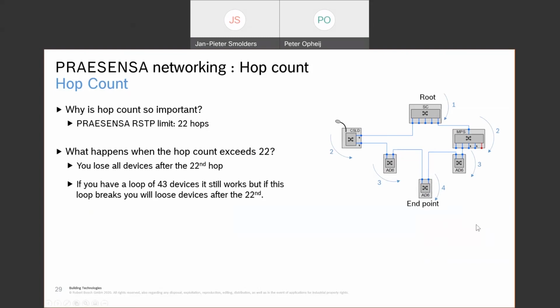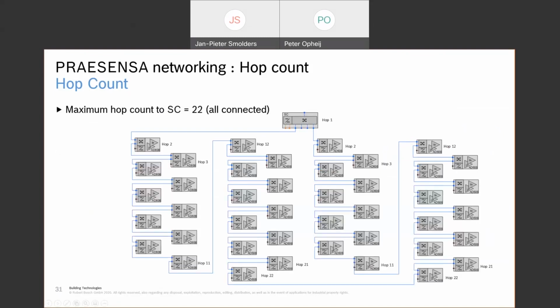Now, we have here a diagram, and you see this is quite a large diagram with a lot of amplifiers. These are again the Visio symbols. You see the switch, that is the root bridge, and you see 2 branches. On one side, you see 22 hops, 22 amplifiers, and on the left side, you also see 22 amplifiers.